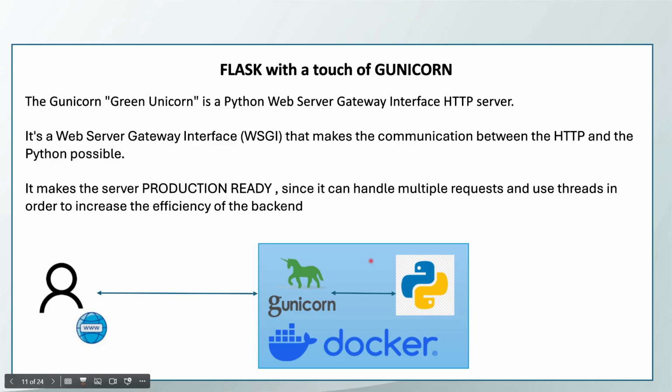For sure not. Why? Because when we do so, we let the user interact directly with the Python script, meaning we are not utilizing all of the resources available on that container. But by using Green Unicorn, or let's call it Gunicorn, we are going to first create a server.